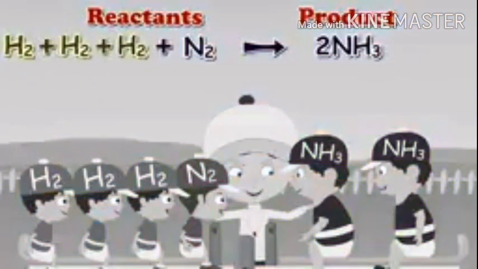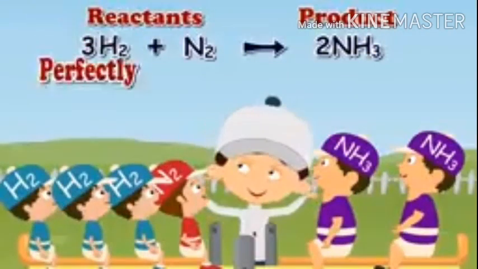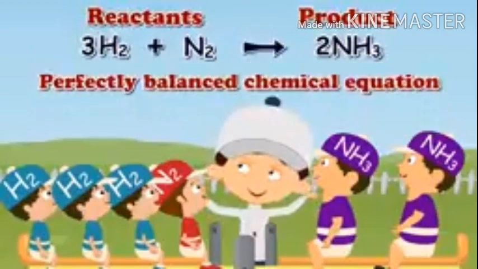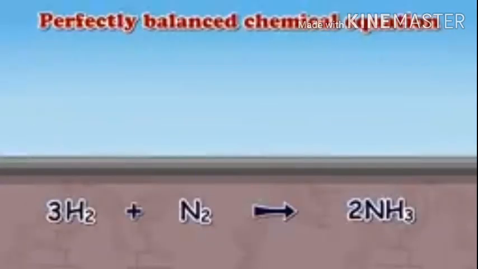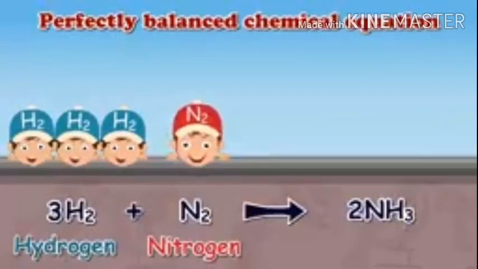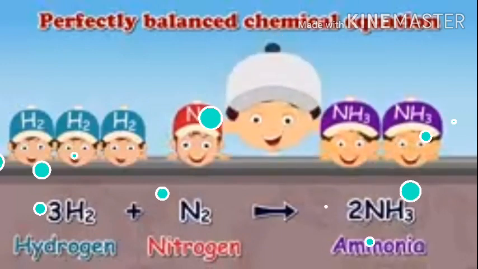Now, in this equation, you can see the number of atoms on the right side is equal to the number of atoms on the left side. They obey the law of conservation of mass. So, this equation is known as a balanced chemical equation. Now, let us go with some more examples to make the topic clear.